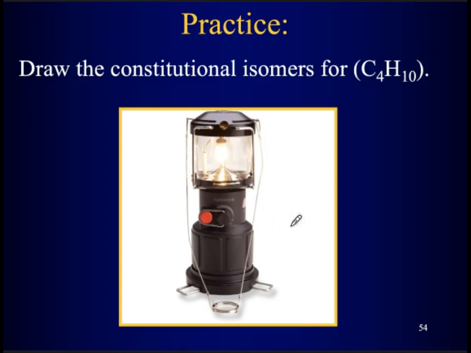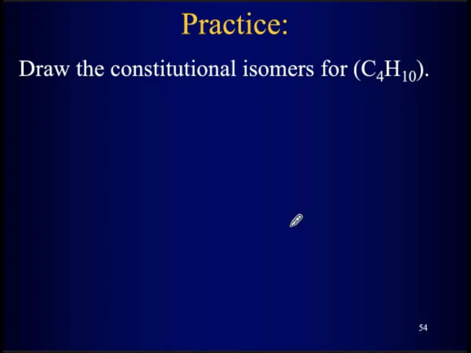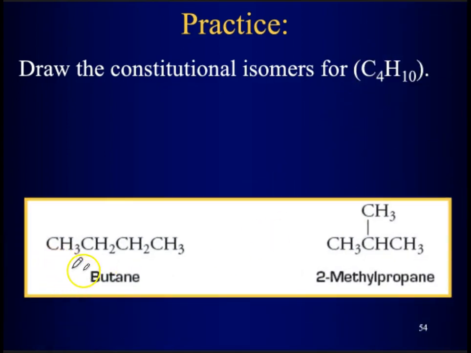So if we want to look at constitutional isomers, we always said to draw the straight chain first. That's always one isomer. So in this case, we draw the straight chain butane, 1, 2, 3, 4, add in all of our hydrogens. Then we said to get an isomer, we're going to take 1 carbon off the end and stick it in the middle.